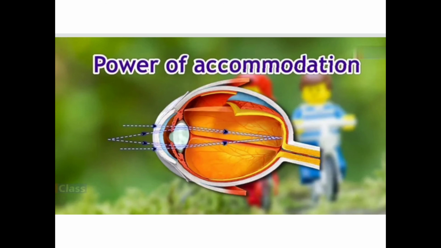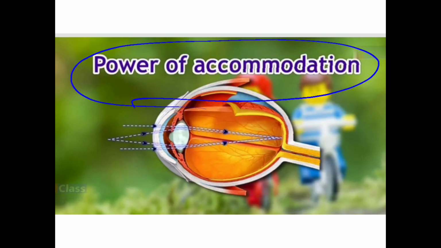Now the capacity of the lens to change the focal length as needed: when you have a large, infinite distance, the lens becomes flat, and for a nearby object, the lens becomes round. This capacity of the lens to change the focal length as per the need is called the power of accommodation.